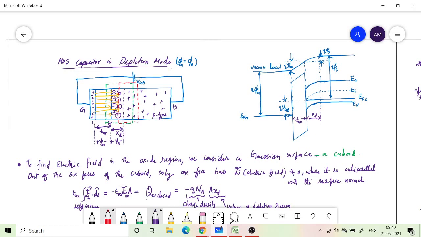So each boron atom has acquired an electron from the nearby silicon bonds to complete the covalent bond. Because of that holes were created, but now the holes were pushed away, and therefore the negative charge will be exposed. So we get a depletion region just at the interface.